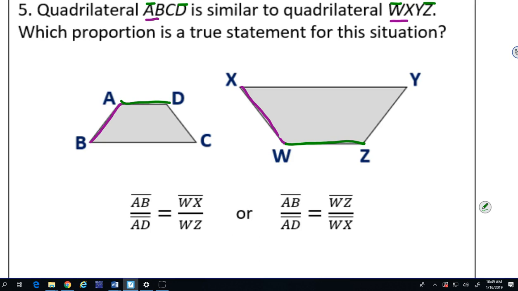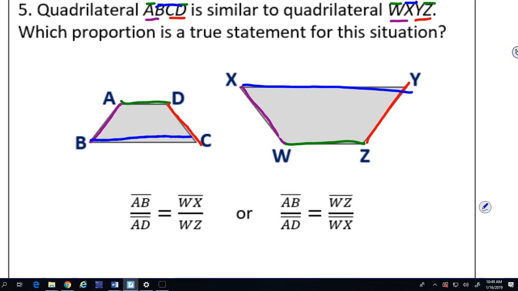Okay, and then my next one, DC. DC is right here, so that would be ZY. Good, ZY. Right there. And then, of course, our last two remaining sides are going to be XY, right here, and BC.